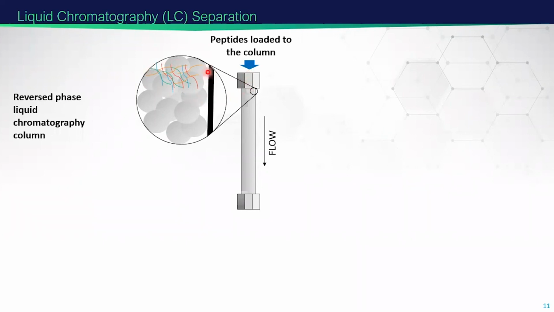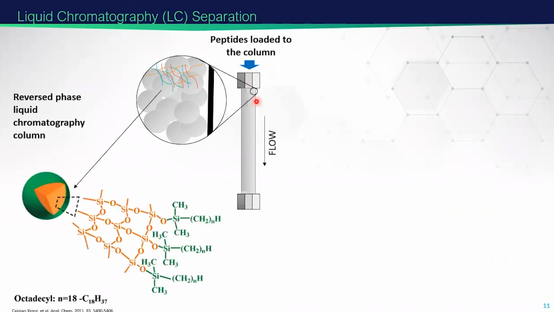At the beginning, they start as a pack, tightly together. The column is packed with small particles, and these normally have C18, which is an octadecyl chain. The peptides interact with the C18, and it takes a longer time for the hydrophobic ones to get out and less time for the hydrophilic ones.